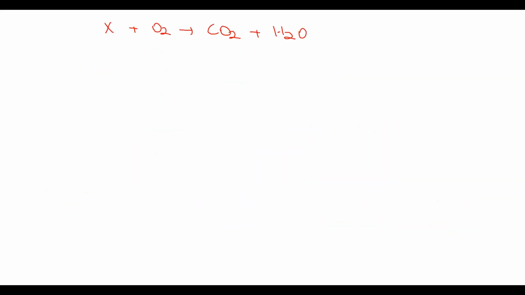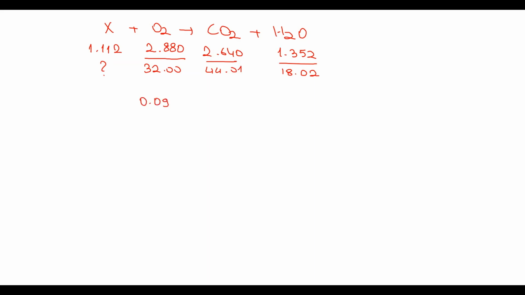We have 1.112, we have 2.880, we have 2.640 and we have 1.352, and we divide them by 32 for oxygen, 44.01 for carbon dioxide and 18.02 for water, and this is still unknown for X, we don't know it yet. So the number of moles of oxygen will be 0.090 moles. And for carbon dioxide it is 0.060 moles.